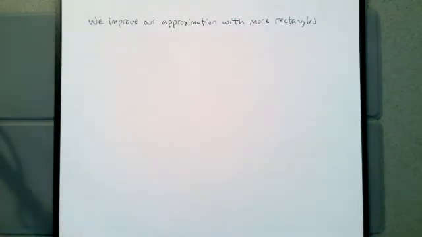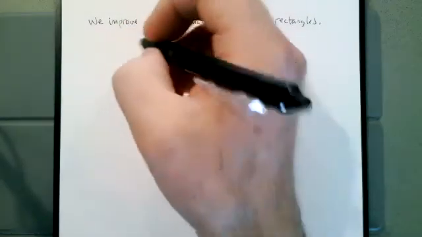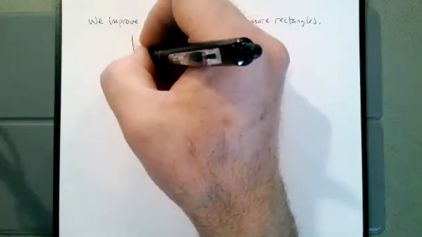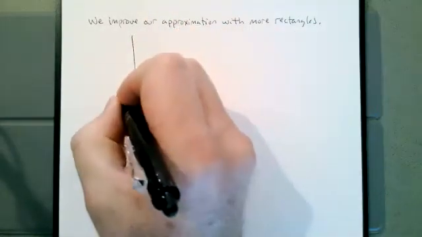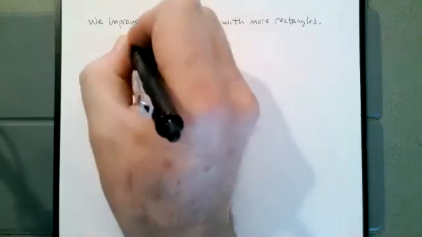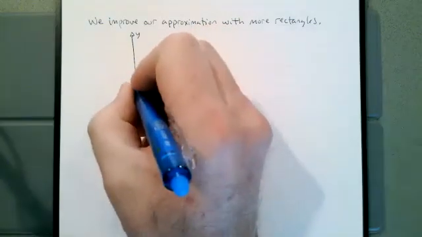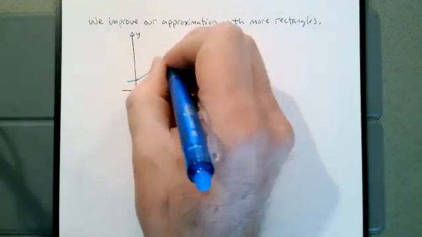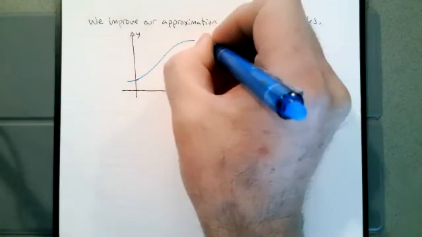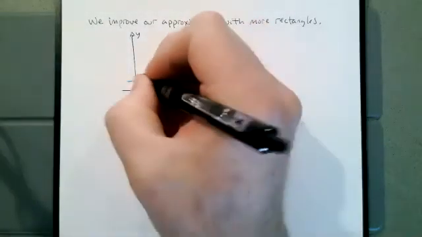We improve our approximation with more rectangles. So if we look at the same function, we have the same function, and we're going to be between the same values.